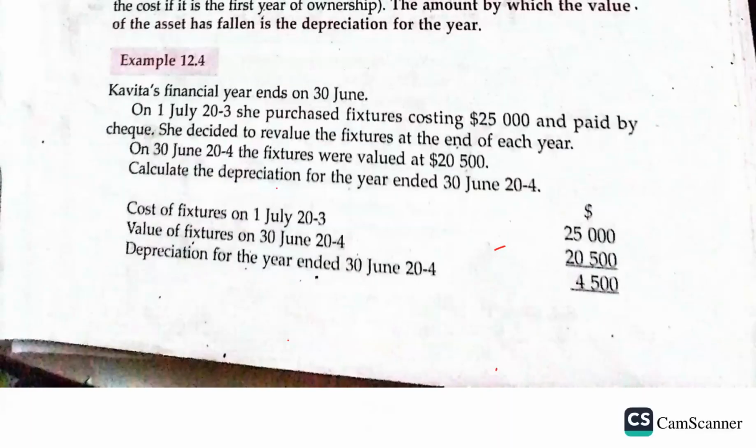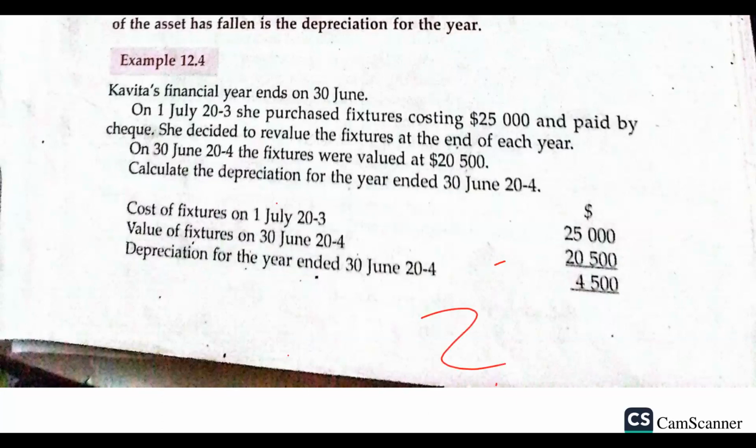Now, about the revaluation method, we can quickly have a good example. It's the same example that we have now. Let's assume that after some years, they do the revaluation and find that the value of the fixtures has decreased from where it was. It was 25,000. It has now become 20,500. So how can you calculate depreciation?